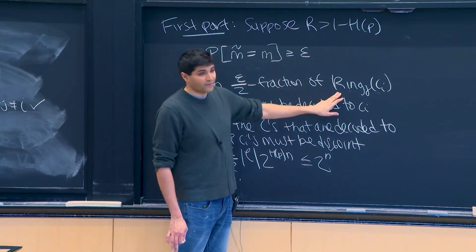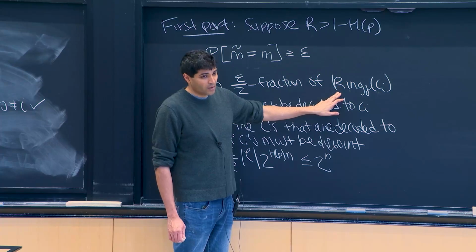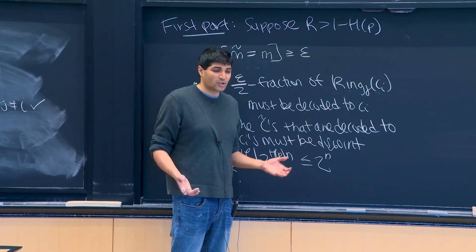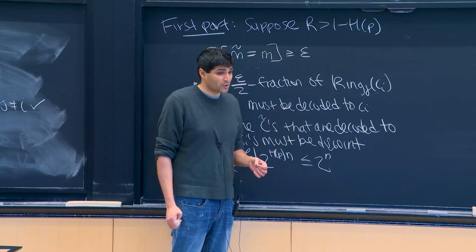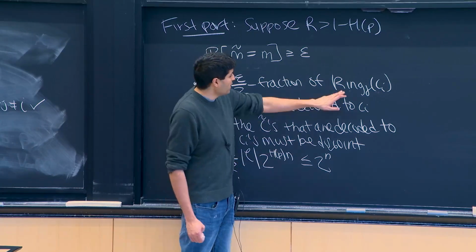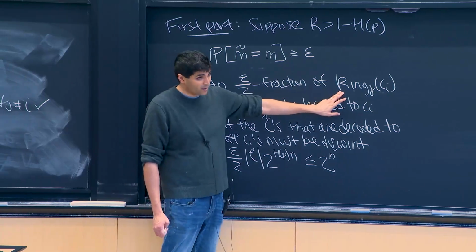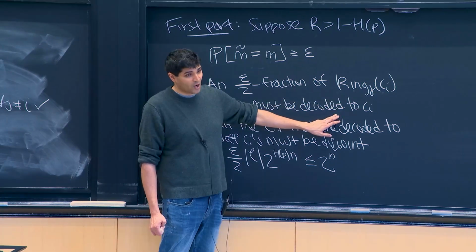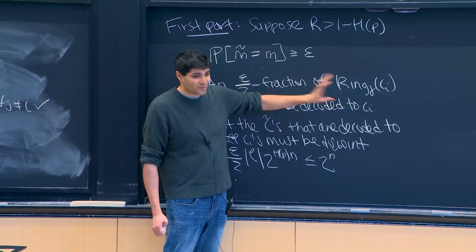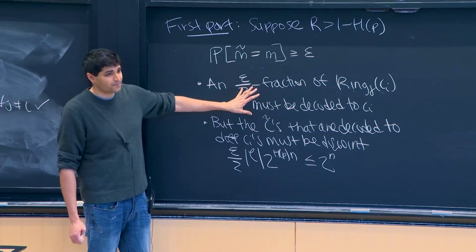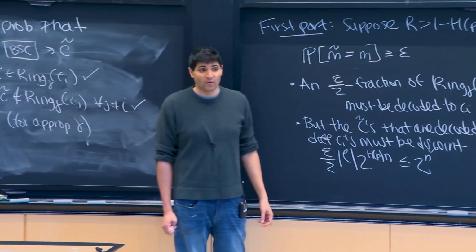Now, almost all of the outputs live in the ring. So if we just throw out all the things that aren't in the ring, we're not really changing what the output distribution looks like from our BSC. And that means that we still must have at least a large fraction of this ring successfully decoded. To fully prove this would be a lot more work and a bit tedious, but that's the intuition. Any other questions? Great questions, though.